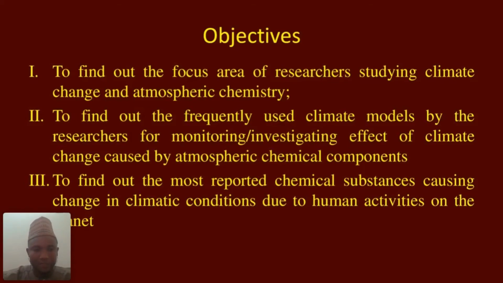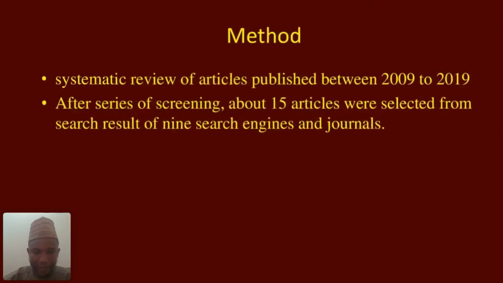The second objective is to find out the frequently used climate models by researchers for monitoring or investigating effects of climate change caused by atmospheric chemical components. The third objective is to find out the most reported chemical substances causing changes in climatic conditions due to human activity in our environment.